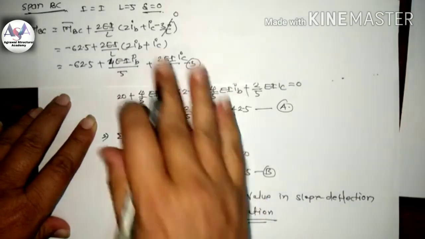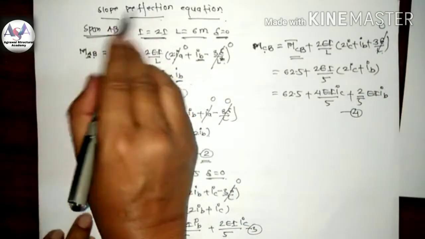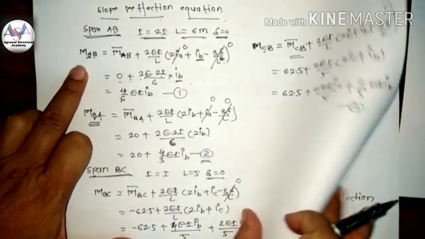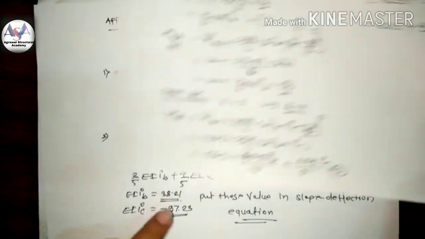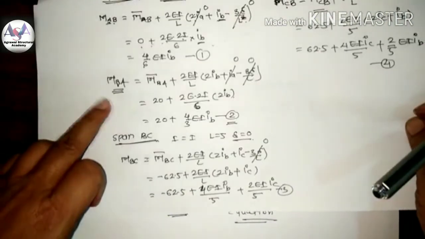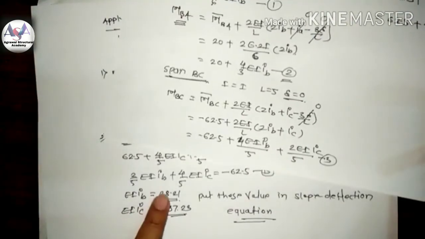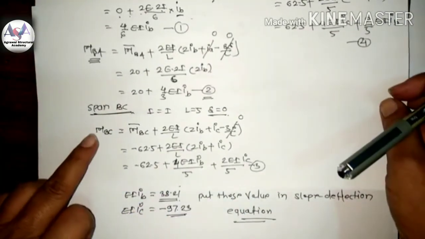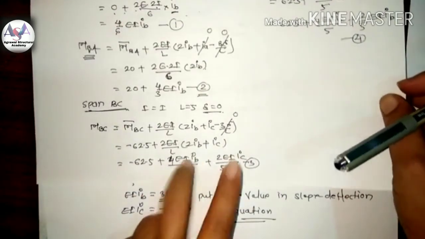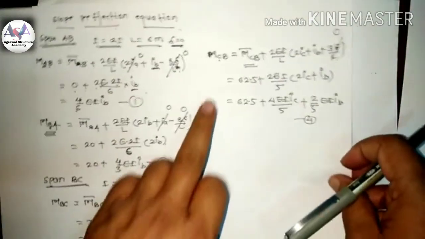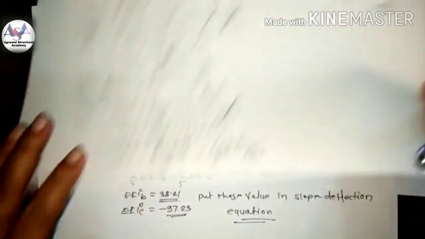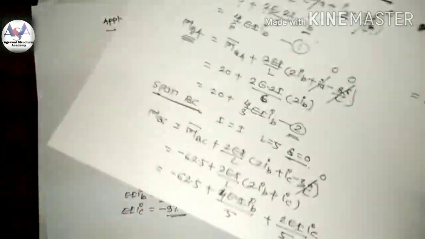Which are these equations? These are the slope deflection equations. Put all these values in MAB: put the value of EIθB in BA. Then for MBC, put both EIθB and EIθC values in this equation. Then for MCB, put EIθC and EIθB in this equation. So we'll get the final values.